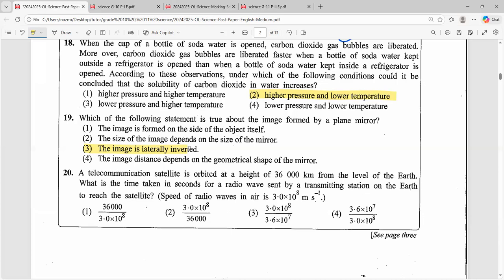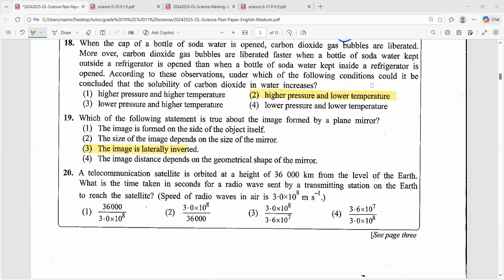A telecommunication satellite is orbited at a height of 36,000 km from the level of Earth. They are asking the time taken in seconds for a radio wave sent by a transmitting station on the Earth to reach the satellite. So from the Earth, they are sending to the satellite, no? So what is the equation to find time?